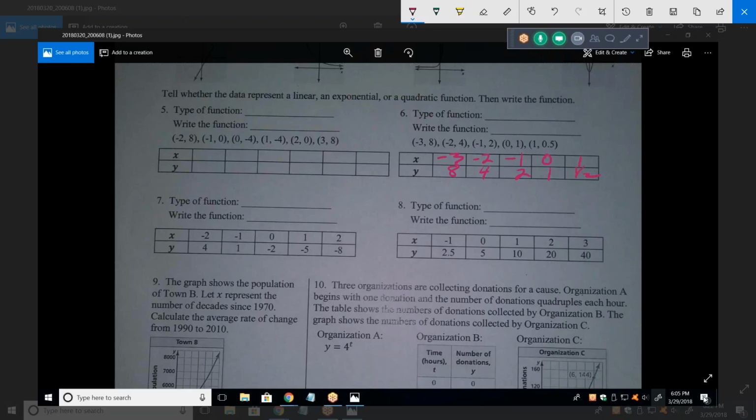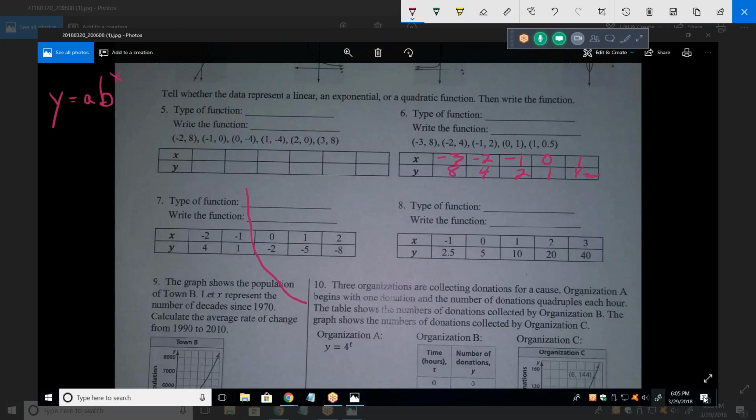Those are the key to doing all of these problems, is knowing what the general format is. Well, if we assume exponential, general format tends to look like this. A times b to the x. That's exponential.